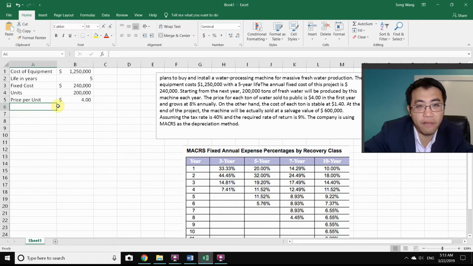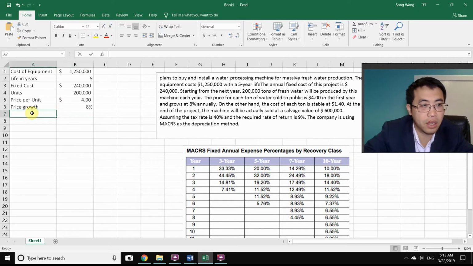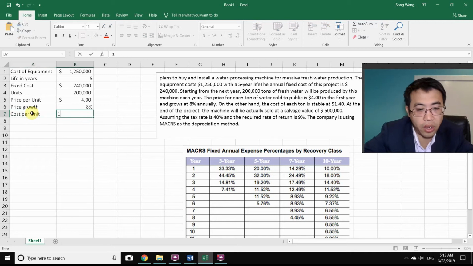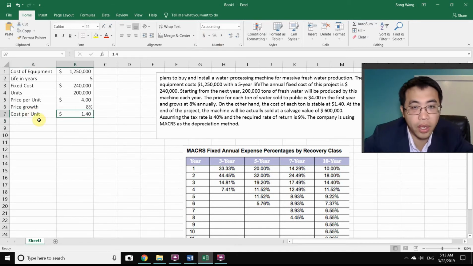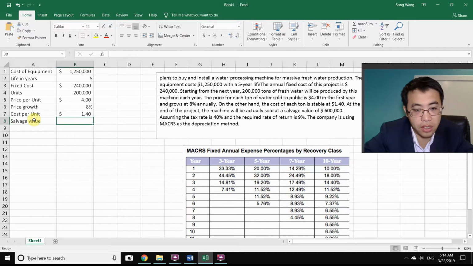And then you also have growth rate, okay, price growth. That is 8%. And you also have variable cost or cost per unit. That is $1.4. All right, and then you also have a salvage value, and that is 600,000.